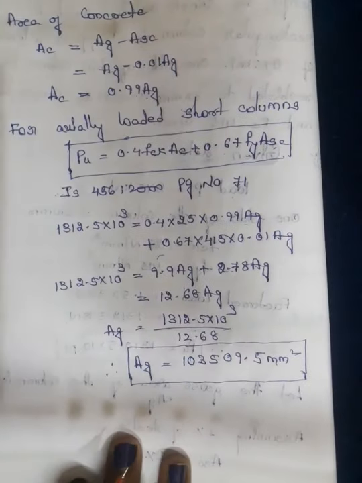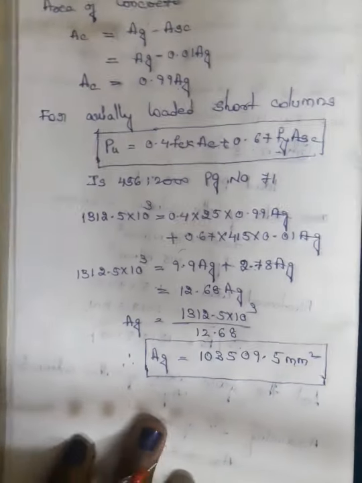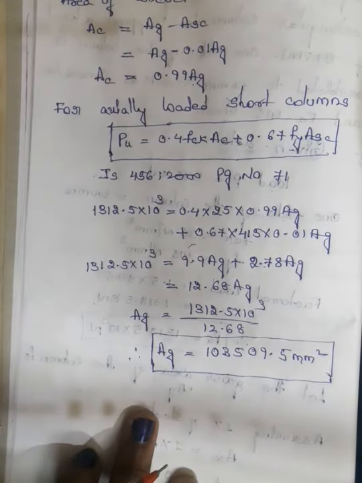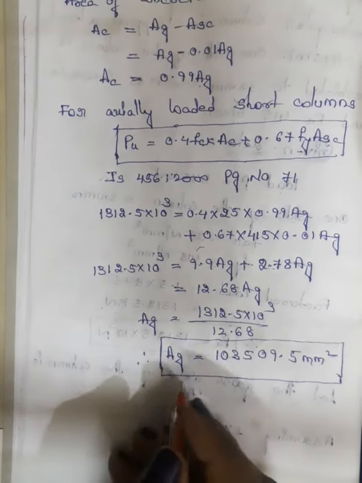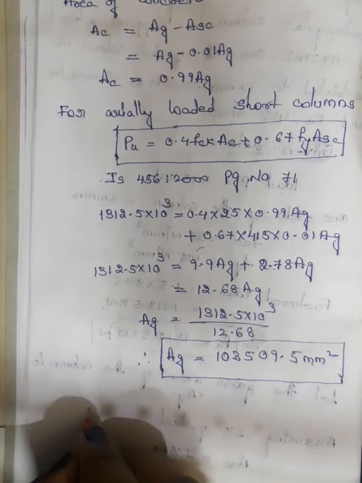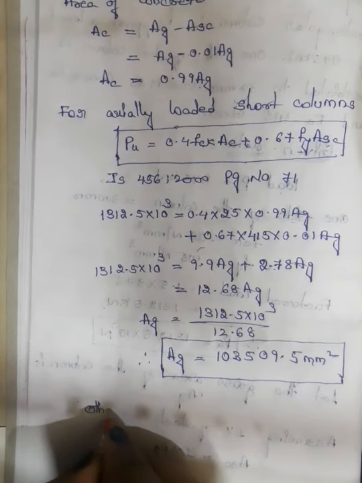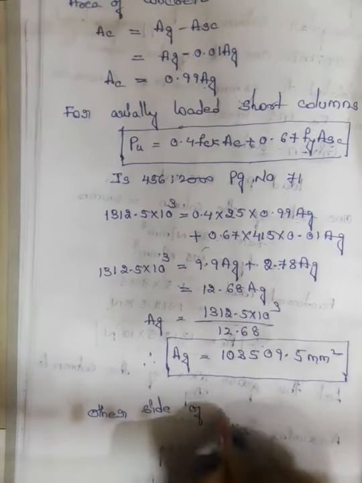Now we know the gross area of the rectangular column, but we know only one side of the column, which is given in the question. So we'll find the other side of the rectangular column.